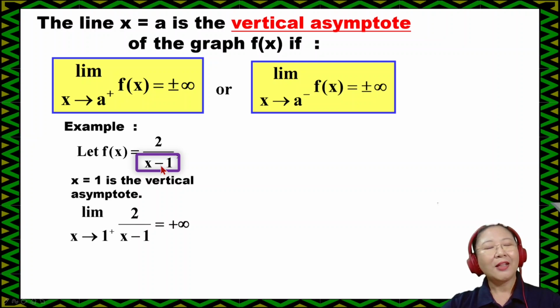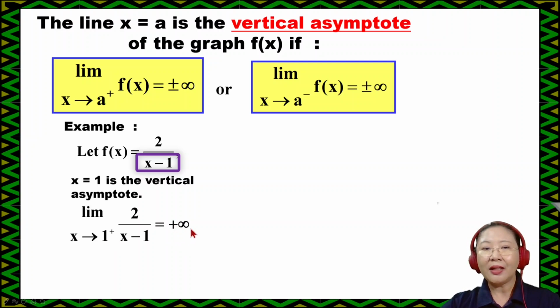Now, let's look at what happens when we fill into the formulas. So let's say x is the vertical asymptote, then the value of A is 1. I want to know whether x is coming from the right-hand side, because it's A plus, coming from the right-hand side, what do I get?